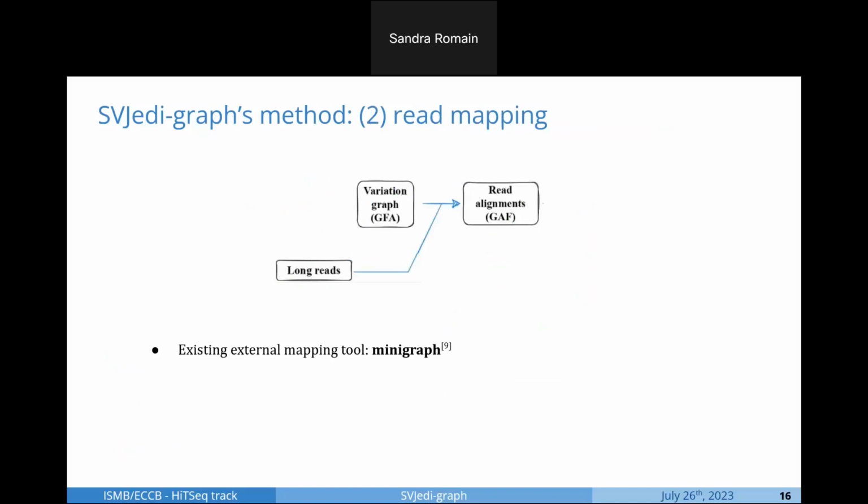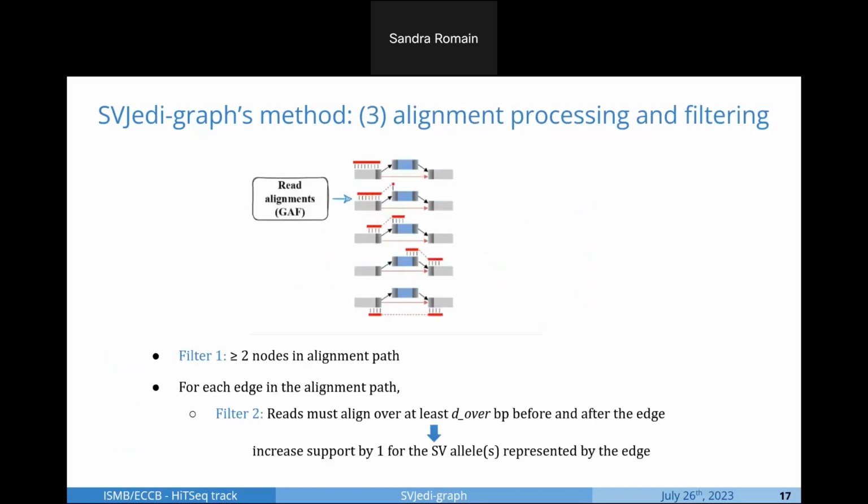Then we map the long reads on the graph using an external tool, which is Minigraph. And we come to the second key step in the method, which is the alignment processing and filtering. We filter the alignments to only keep the alignments that are informative on the genotypes of the variants.